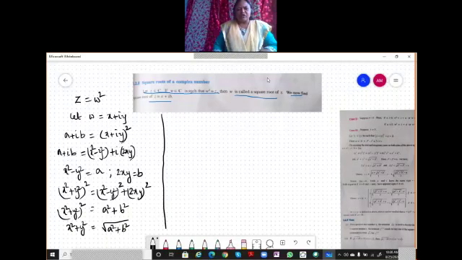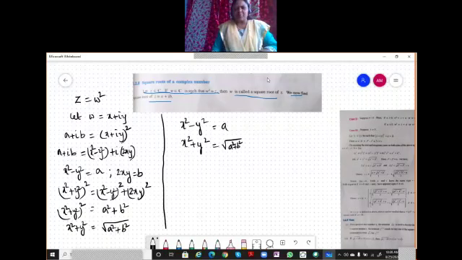So we know what is x square minus y square. It's nothing but a. And what is x square plus y square? It's nothing but root a square plus b square. Now we need x and y. So add these two.